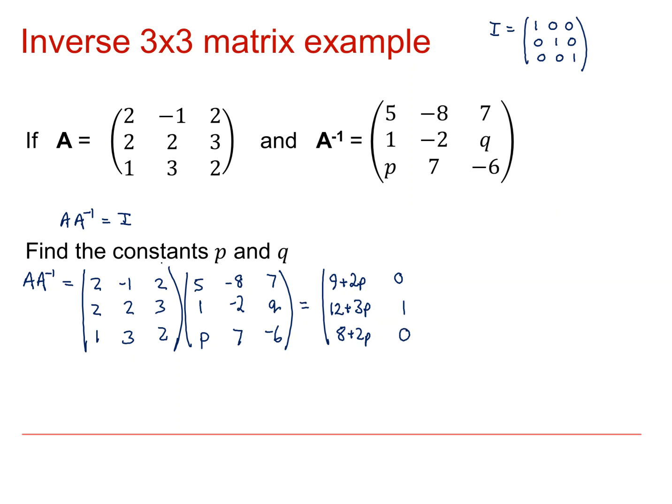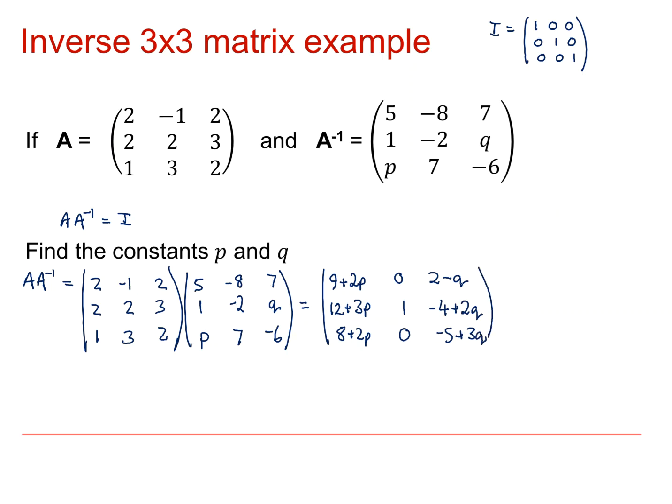And then 14 minus q minus 12 gives us 2 minus q. 14 plus 2q minus 18 is minus 4 plus 2q, and 7 plus 3q minus 12 is minus 5 plus 3q.